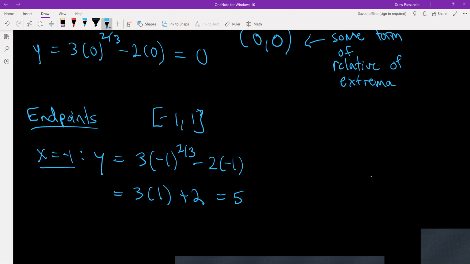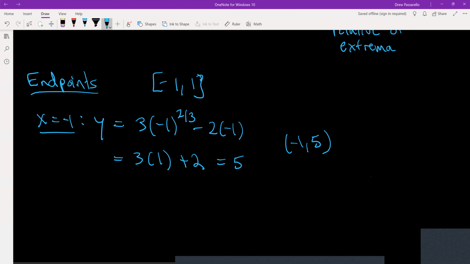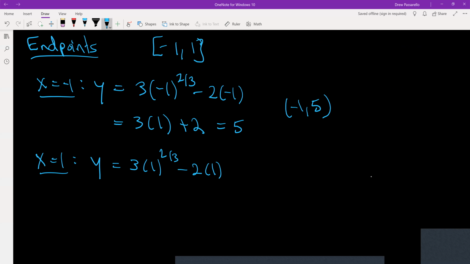So that gives me the point negative 1, comma 5. Then I plug in 1. So 1 to the 2/3 is 1, so that's 3 times 1 minus 2.